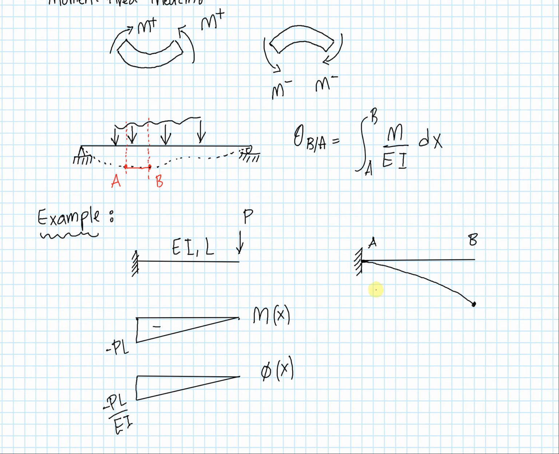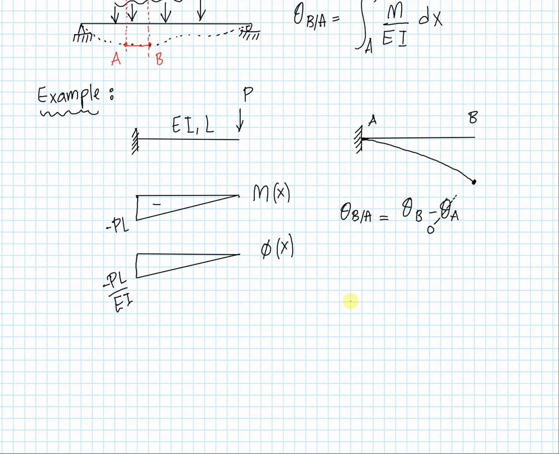So what I can do is to simply write theta B slash A is equal to theta B minus theta A. I know theta A is equal to 0, so we'll call that 0. And what I'll end up with is the integral from A to B of M of x divided by EI dx.